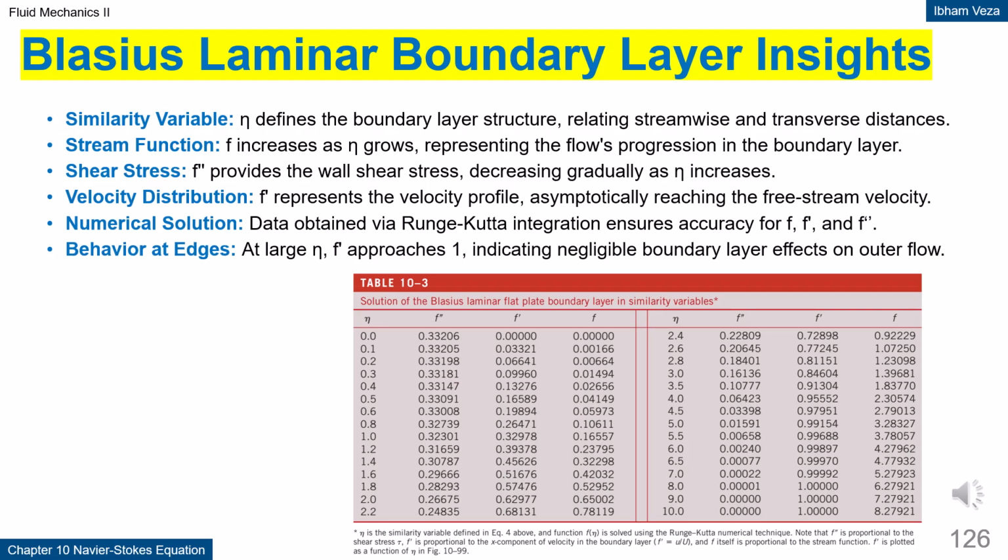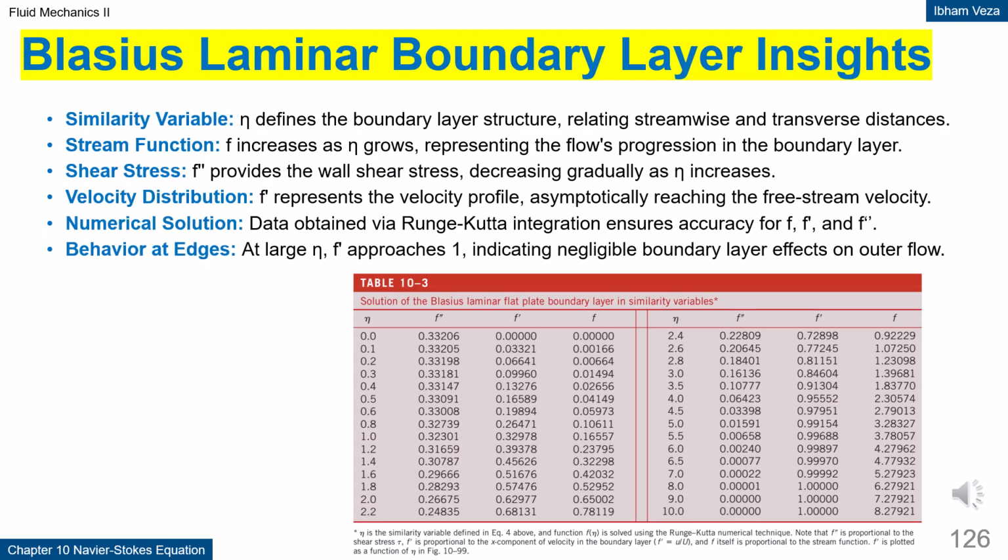Blasius laminar boundary layer insights. The Blasius analysis introduces a similarity variable, eta, that combines the streamwise and wall normal coordinates into a single parameter. The stream function f increases with eta and represents the development of the flow inside the boundary layer.